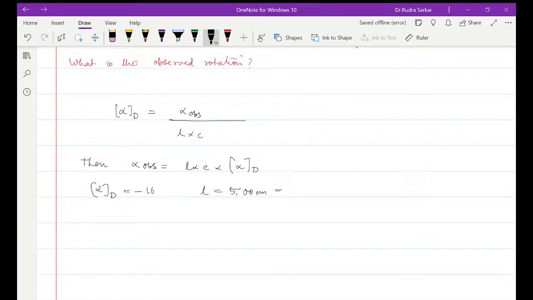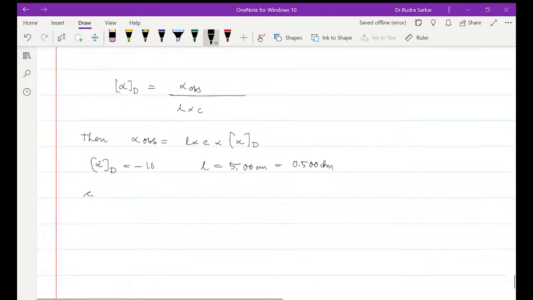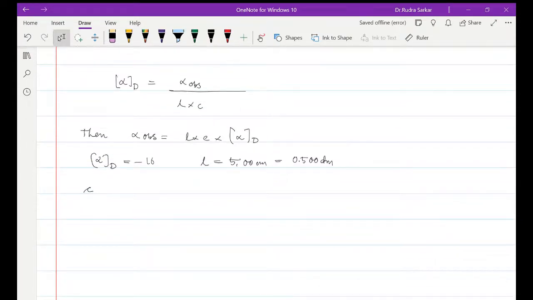So we will divide this by 10. So this will be your length. Concentration we have to take in gram per ml. So it will be 1.20 gram divided by 750 centimeter cube, or we will say 0.0016 gram per centimeter cube or ml, the same thing.